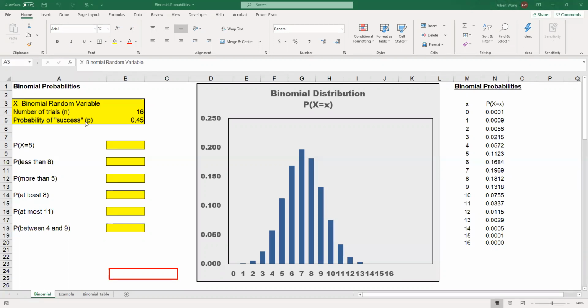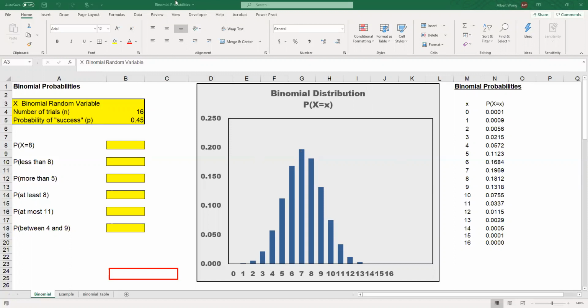So let's look at an example. Suppose n is equal to 16 and p is equal to 0.45. As you can see, this is a graphical representation of the probabilities associated with each of the possible values of x.